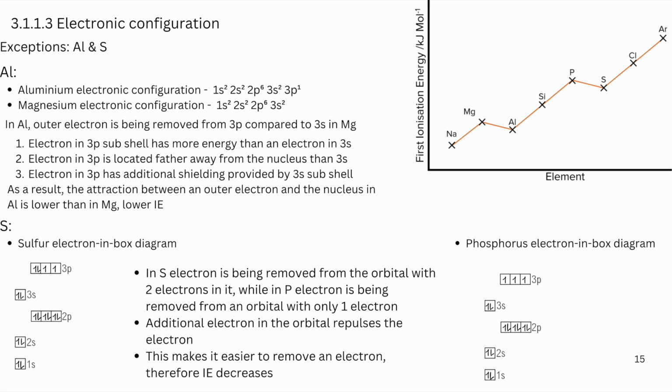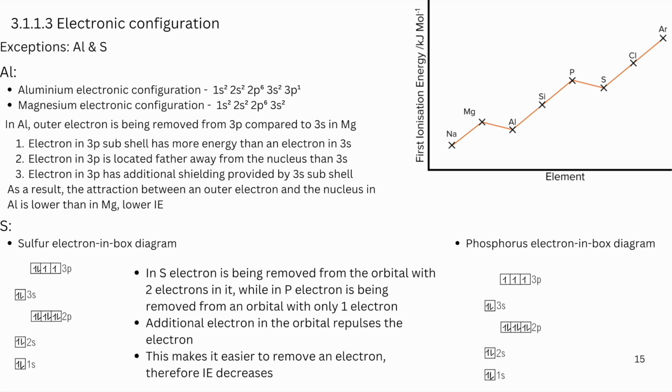Aluminium's electronic configuration is 1s2, 2s2, 2p6, 3s2, 3p1, and the element before aluminium is magnesium, with an electronic configuration 1s2, 2s2, 2p6, 3s2. In the case of aluminium, the electron is being removed from the 3p subshell, while in magnesium, the electron is removed from the 3s subshell.